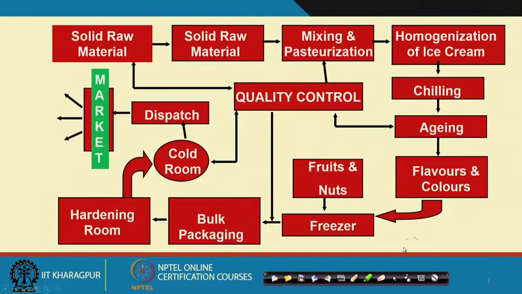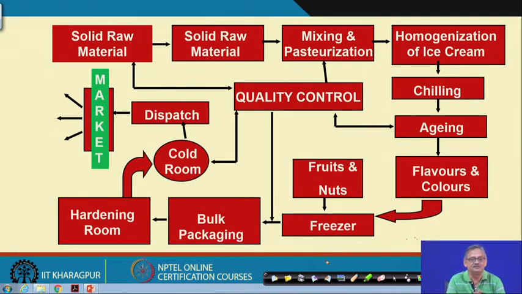You see, I have given a flow chart, starting with the solid raw materials, whatever comes. We have said in the constituents that you have sugar, butter, stabilizer, emulsifier, then milk solids not fat. All these solids are there, and then milk.